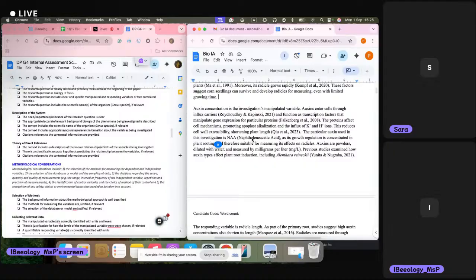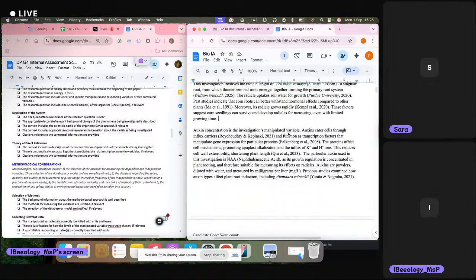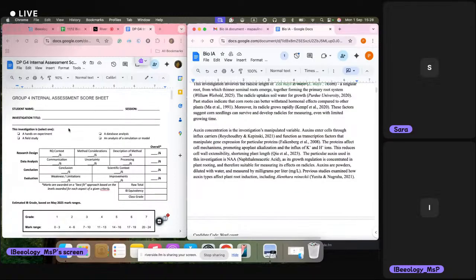But basically, what we're looking for in the IA is that the method is based on an already done lab, because we're expecting you to do this in a school laboratory, at least in this kind of design. But it's allowed, as written here on the mark scheme, because there are some schools that are placed within a farm.